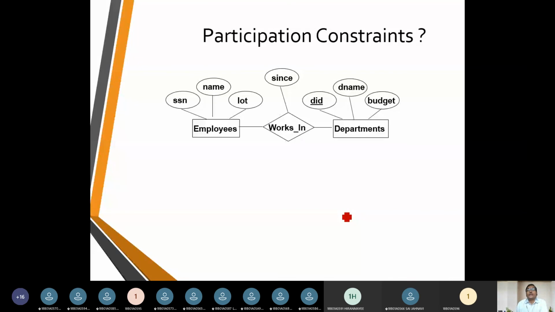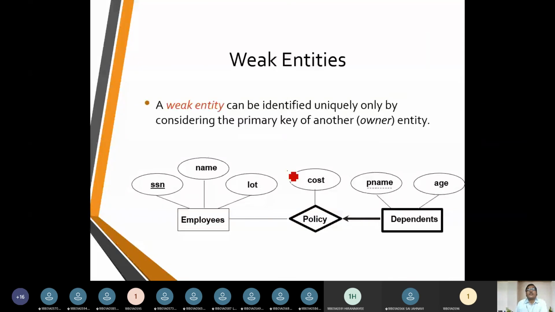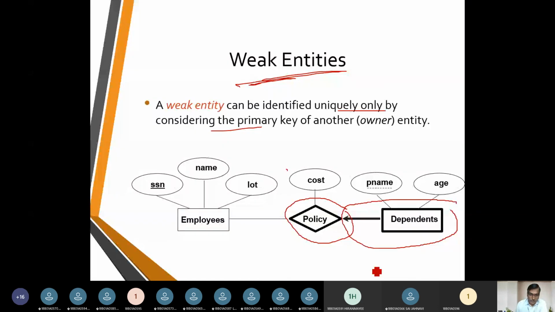When we represent weak entities, they can be identified uniquely only by considering the primary key. Now you can see a policy here, and another one is the department. The employee works in this organization and has a policy, and his dependents are there.